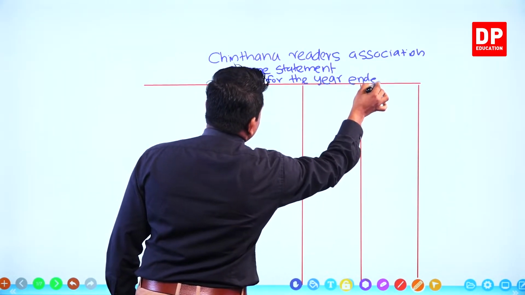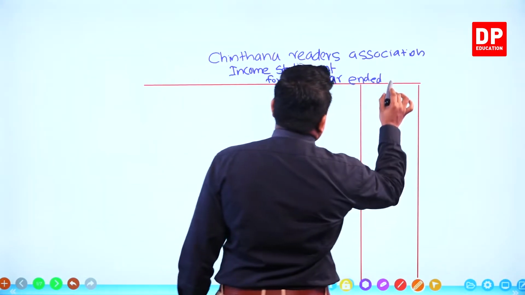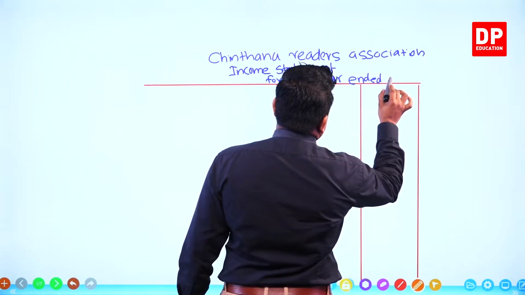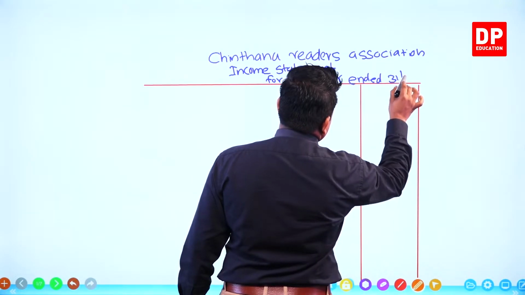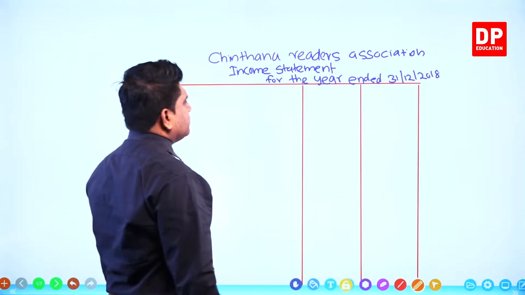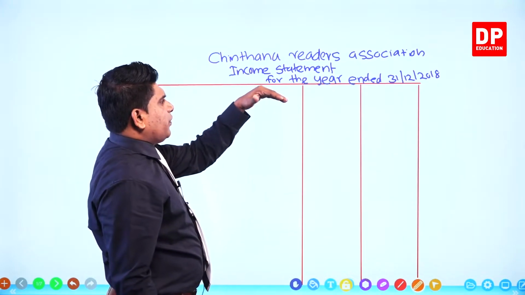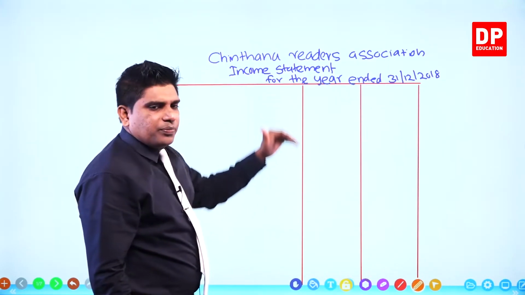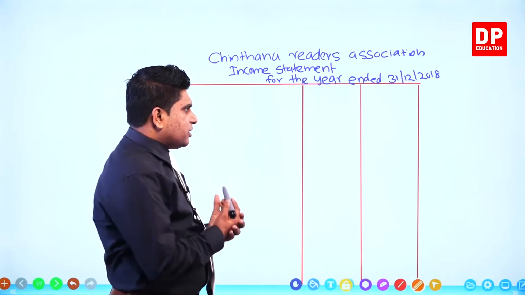Do you remember? 31st December 2018, right? You write the name, the account you draw, and the time period. These things you have to consider.